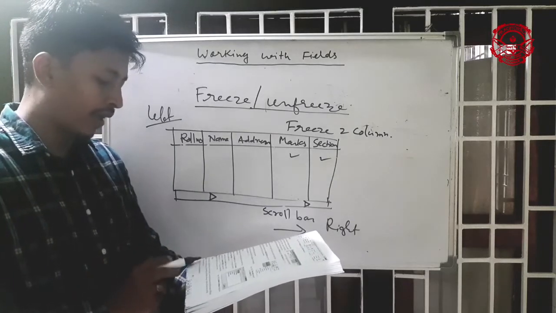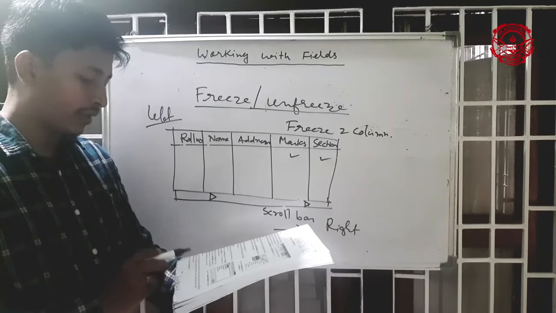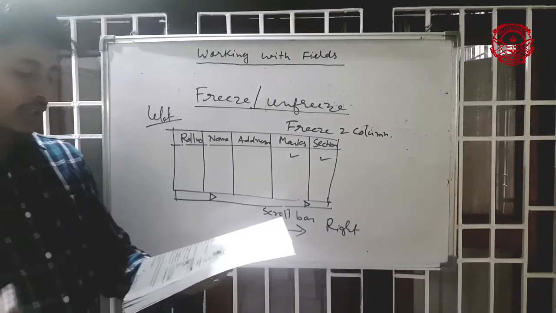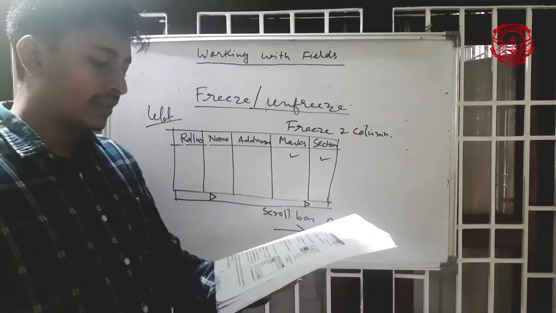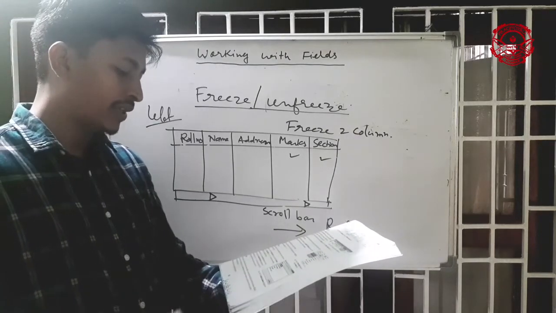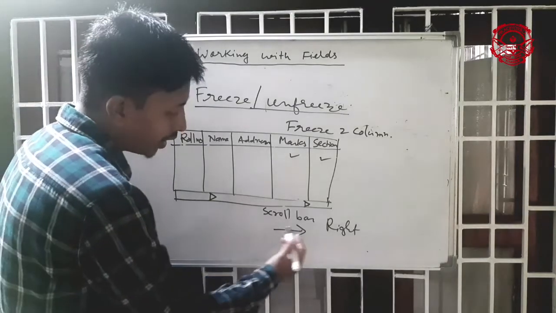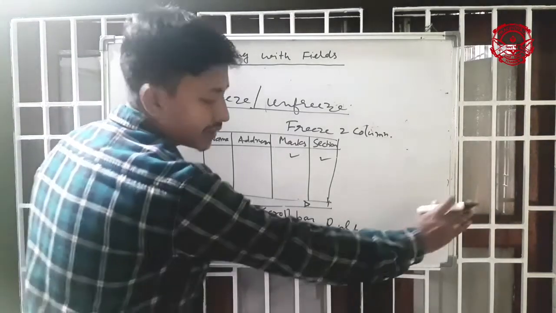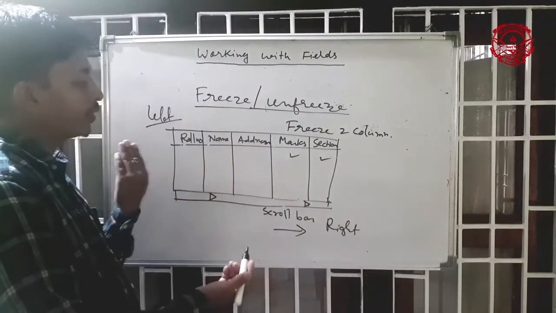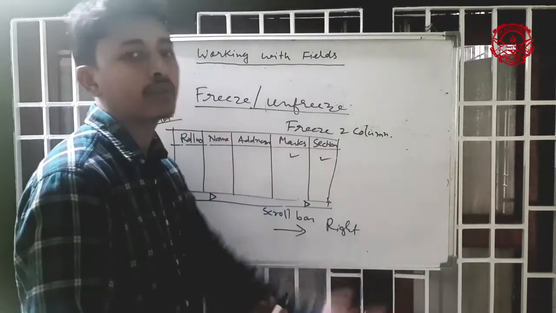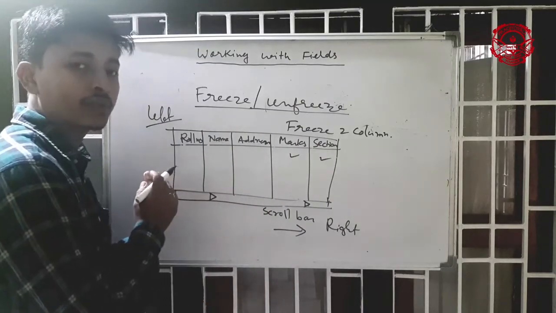You can freeze one or more columns on a data sheet so that they remain visible all the time on the screen. When you scroll the mouse pointer to the right side, the leftmost columns will not be visible, so it is very difficult to see the leftmost column.